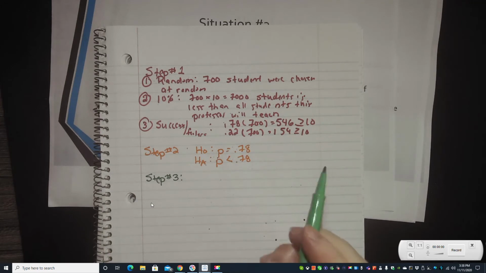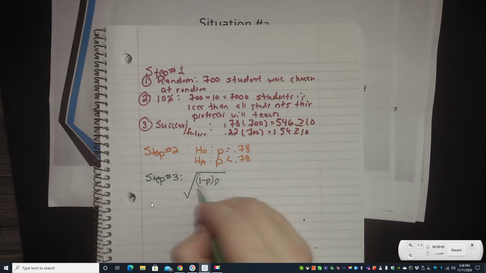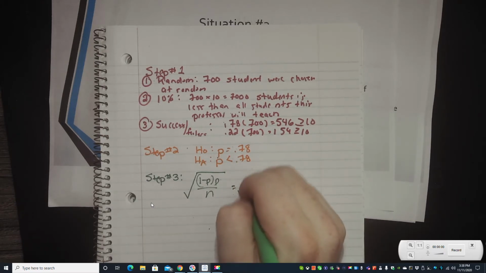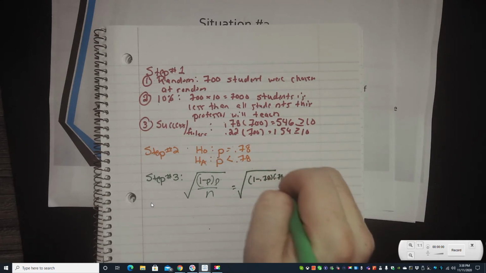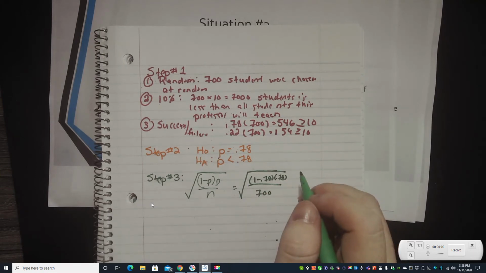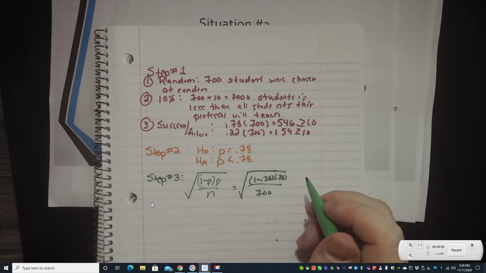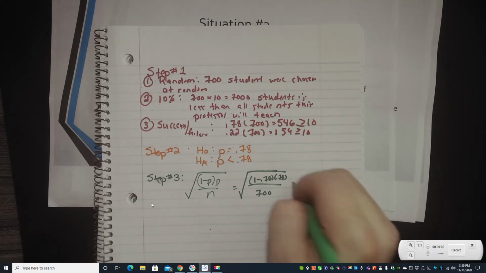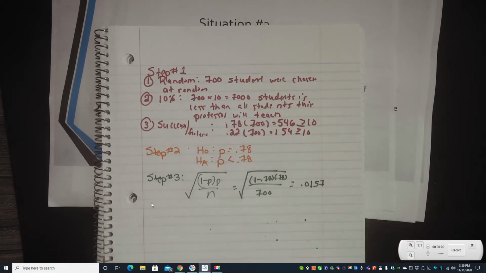Okay, so I now have to go ahead and do the square root of 1 minus p times p over n. So it's 1 minus 0.78 times 0.78 over 700. And let's see, that gives me 0.0157.